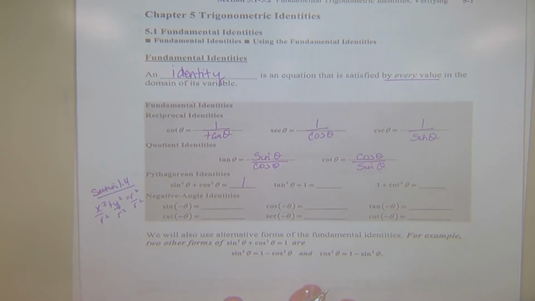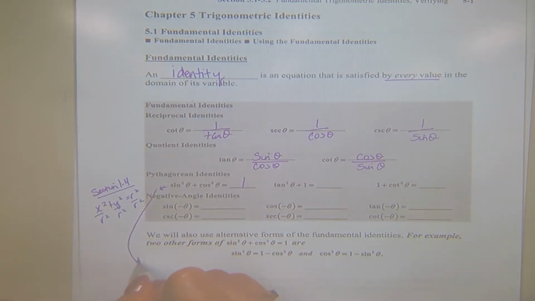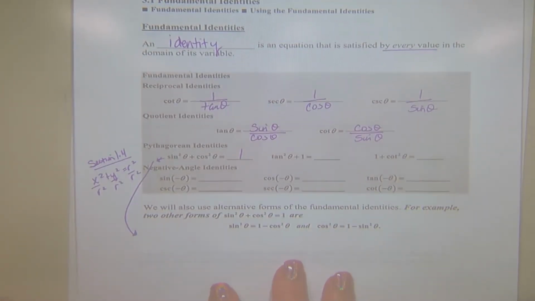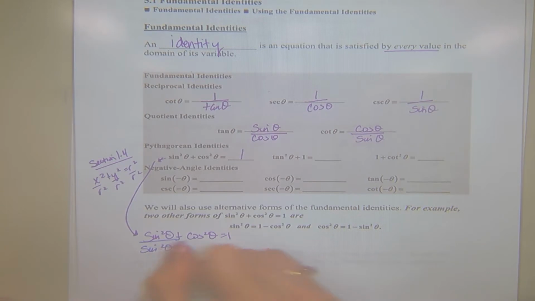Another way to develop these other 2 identities is to take our main Pythagorean identity, sine squared theta plus cosine squared theta equals 1, and divide it by sine squared theta and then by cosine squared theta. So let's first divide everything by sine squared theta.